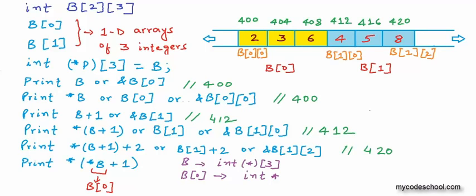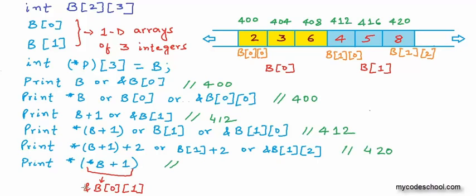It will take you 4 bytes ahead to the next integer. It will return a pointer to the next integer. So we will get a pointer to this integer at address 404. *b + 1 is basically &b01, and with this final dereferencing we can get rid of the ampersand, so the overall expression will be b01, which is 3.